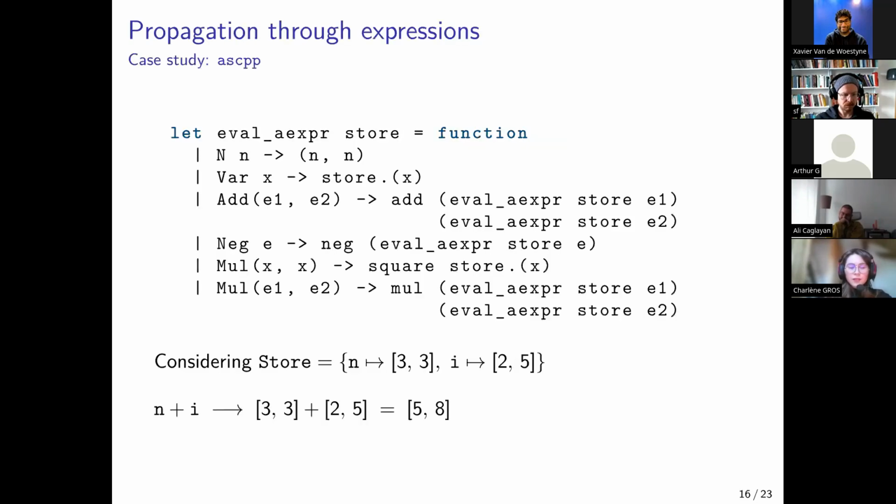Okay, so let's go to the propagation of the store through expressions. It's very straightforward, because a constant n gives the singleton interval n to n. A variable lookup returns the interval from the store, or bot if it has not been assigned yet. The addition and negation apply the interval operations we saw earlier. And for the multiplication, I have two cases.